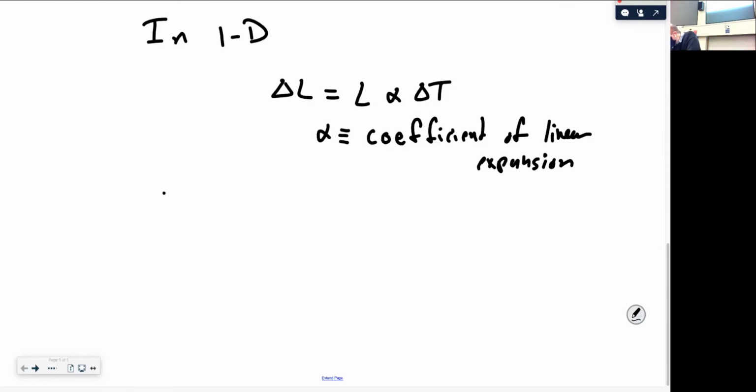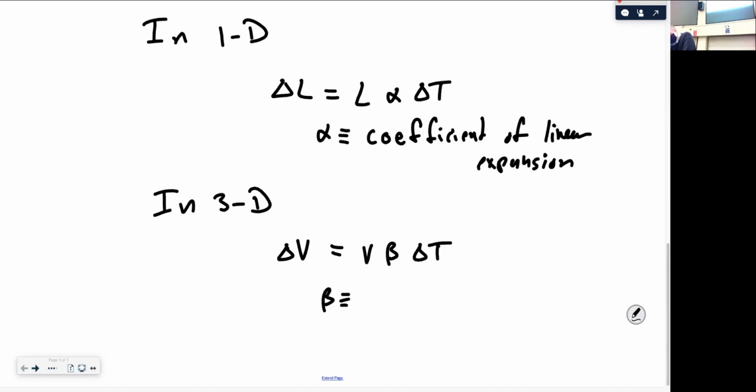In 3D, we've got the same exact equation, except we're now talking about changes in volumes rather than changes in length. Delta V for volume equals the volume times beta times delta T, where beta, you can probably guess, is the coefficient of volume expansion.